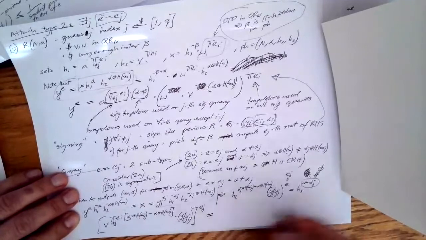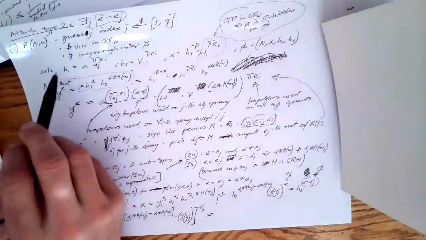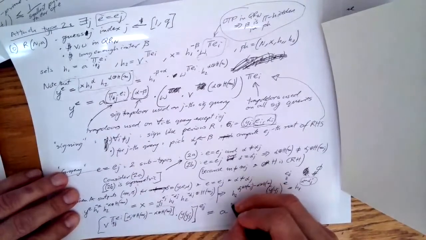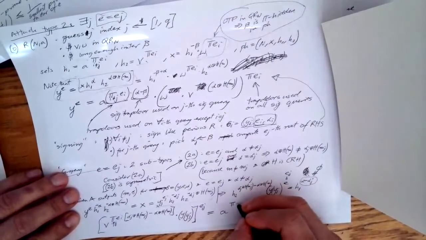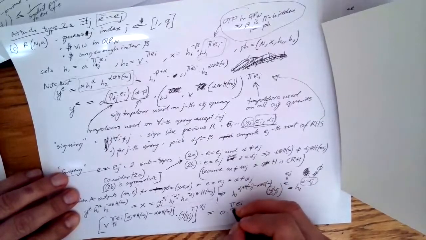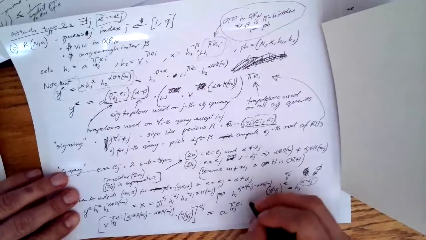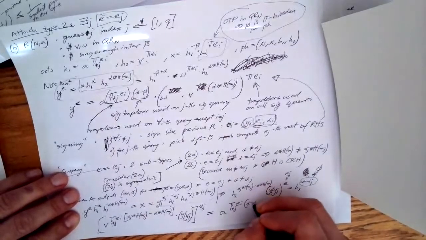And what is on the right hand side? Well, look, h1 has an a embedded in it, so it's an a to the product of all EIs except j's, to alpha minus alpha j.